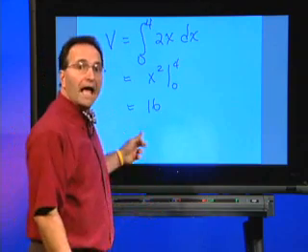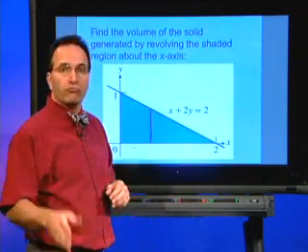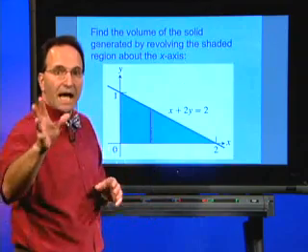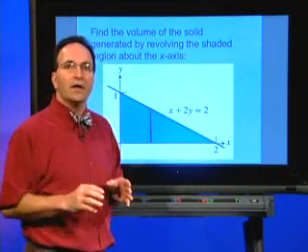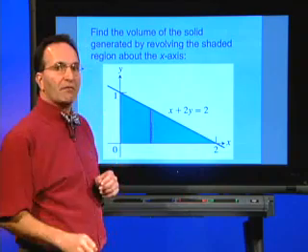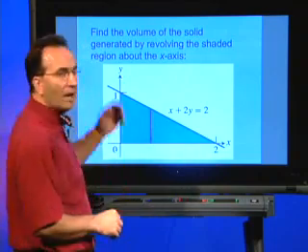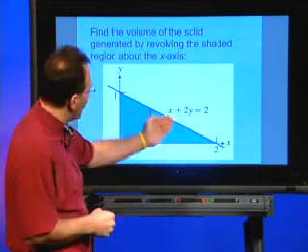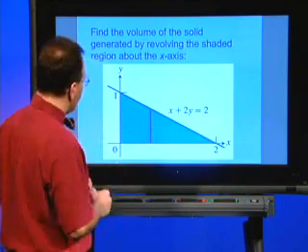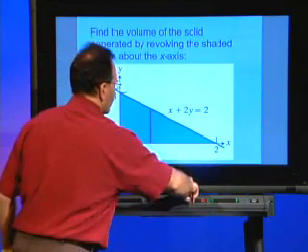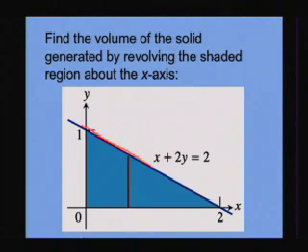Now let's look at a circular cross-section area. So we have the example. Find the volume of the solid generated by revolving the shaded region about the x-axis. And here's our diagram. What we have is the line right here of x plus 2y equals 2.